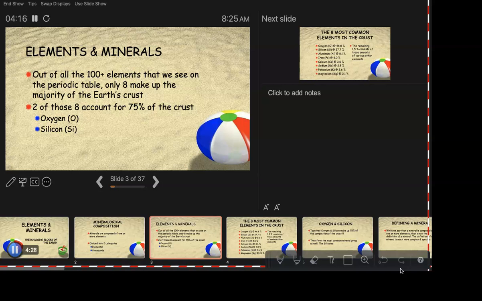Those top 2, though, out of that 8, yeah, you're going to want to know. All right? Because they're the big guys. That's the flour and sugar of baking right there, that oxygen and silicon. Okay? Those 2 ingredients account for 3/4 of the composition of the crust.